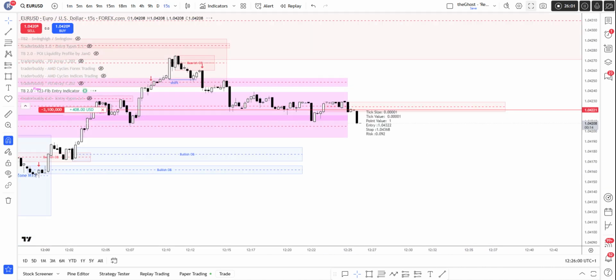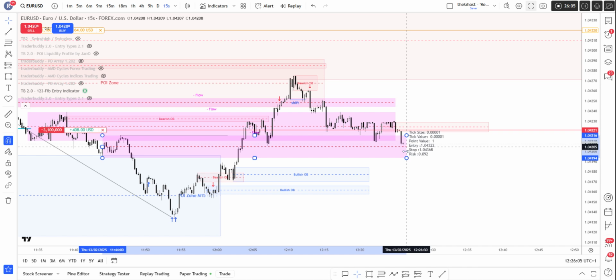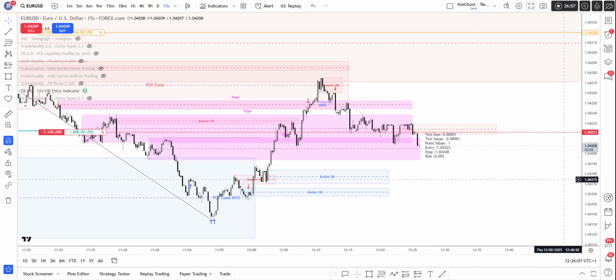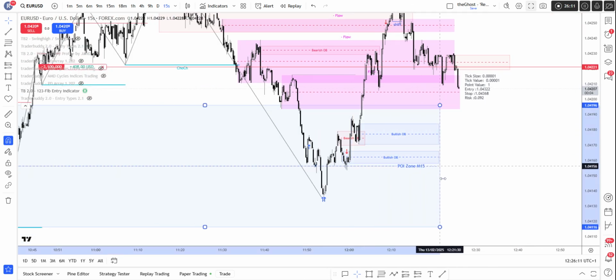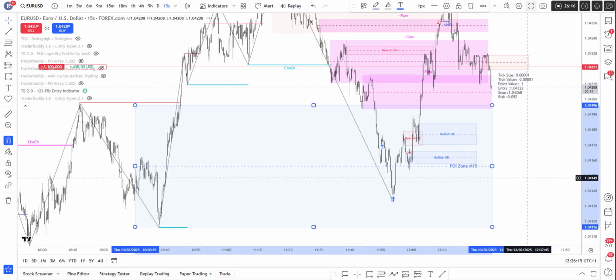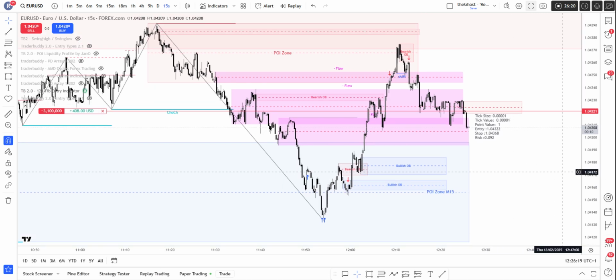So let's switch back to the 15 seconds again and see if we really take out the low. And here is our 15-minute POI zone, top and bottom again. So let's see how we all react to this stuff.